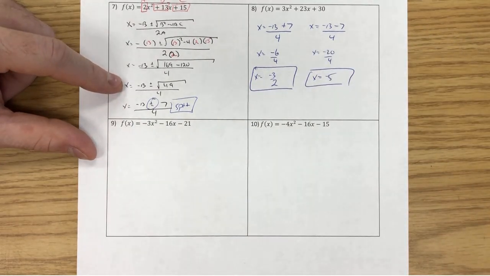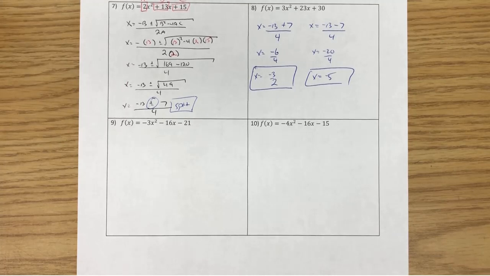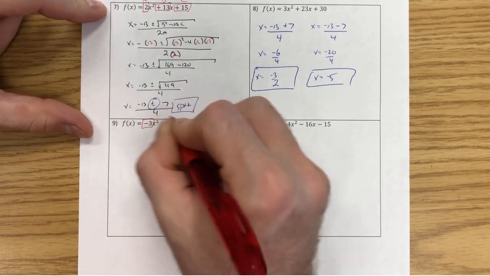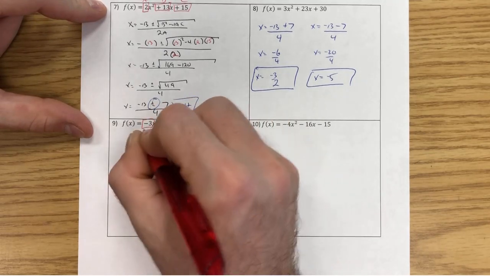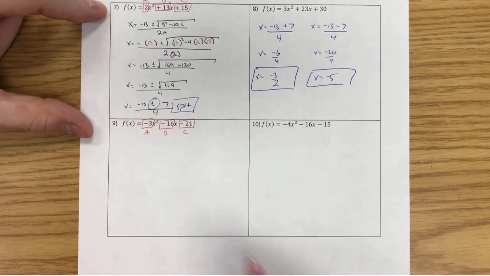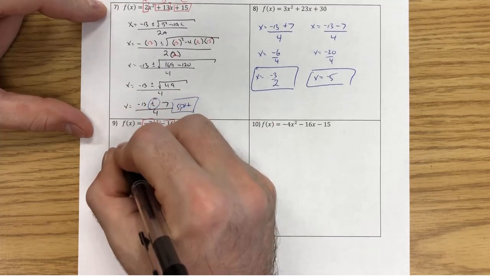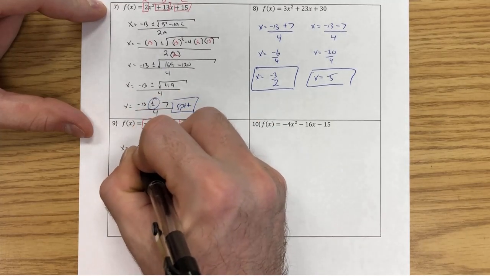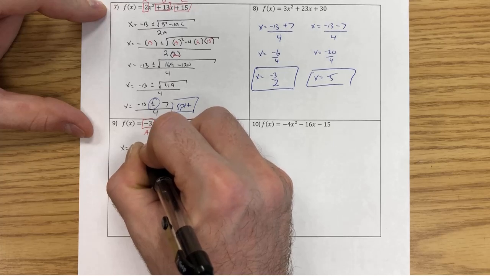There we go. And so if you followed that same logic on number 9, let's go ahead and knock number 9 out real quick as well. Like I said, all we're doing right here is practicing plugging in our values, practicing the arithmetic involved in reducing this.